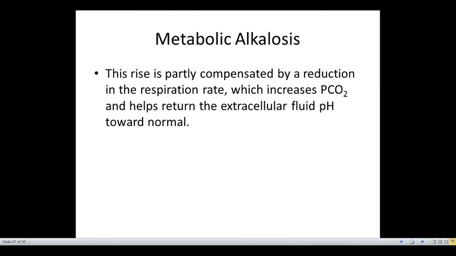This rise is partly compensated by a reduction in the respiration rate, which increases partial pressure of carbon dioxide and helps return the extracellular fluid pH toward normal.